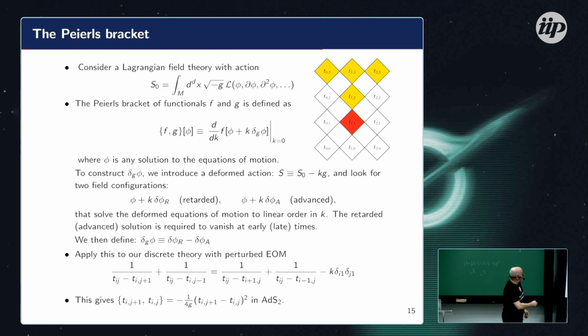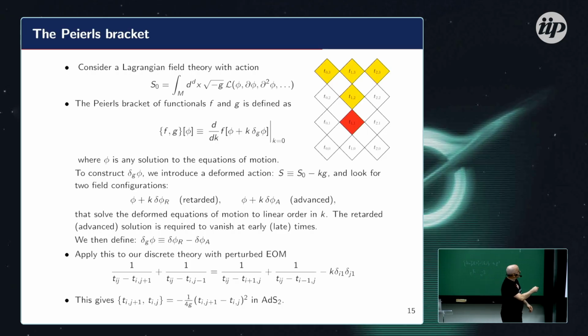And we are interested in these perturbations up to linear level. Then this delta_g of phi is just the difference of these two field perturbations. Then you just take f evaluated on this perturbed field, phi plus k times delta_g phi, and look at its derivative in terms of k.